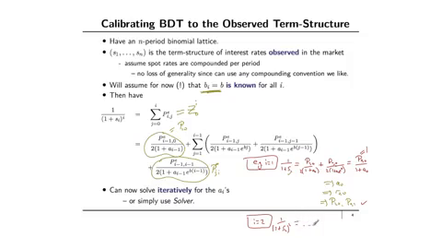So we'll get some quantity here, which will depend on A_1. We'll know everything else, and we will therefore be able to determine A_1. And we can continue on in this iterative manner, working forwards to determine all the A_i's by comparing the S_i's, which we see in the marketplace, with what the model says S_i must be, and figure out what the A_i's are.